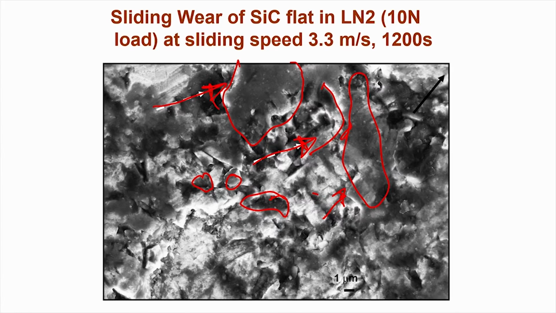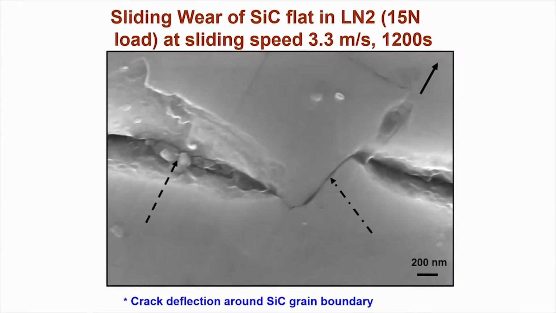Second, despite the dominance of tribomechanical wear, the tribo surface is relatively smooth, not extremely rough like what we have seen earlier in case of alumina, which is again a model brittle ceramic.